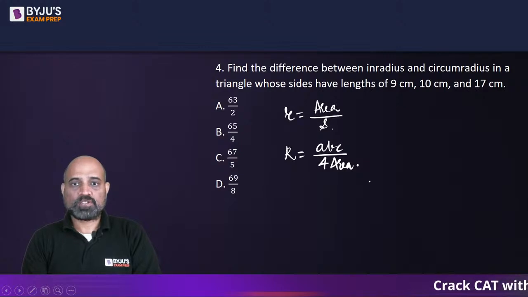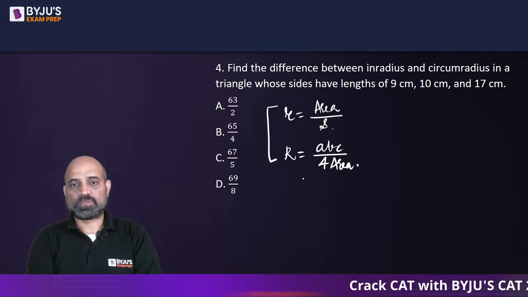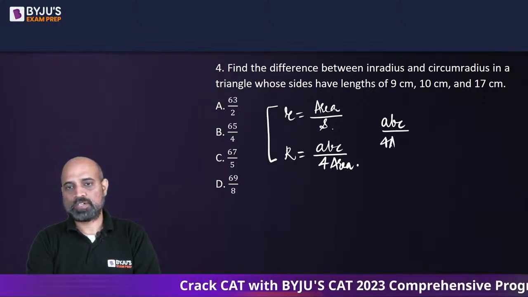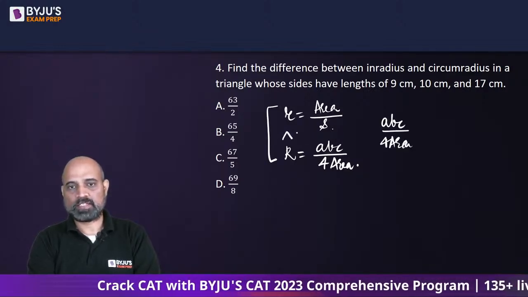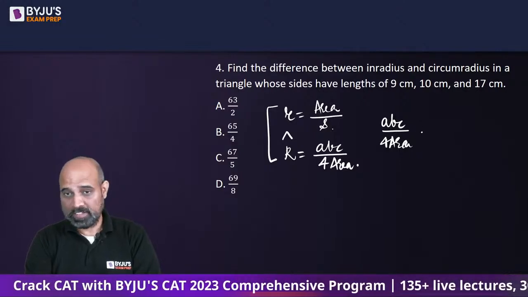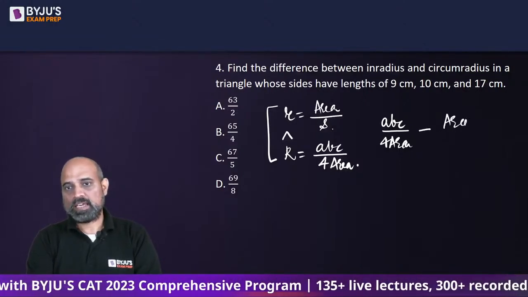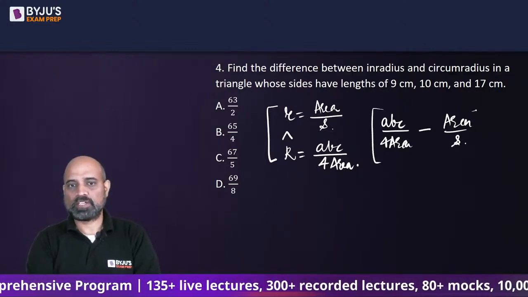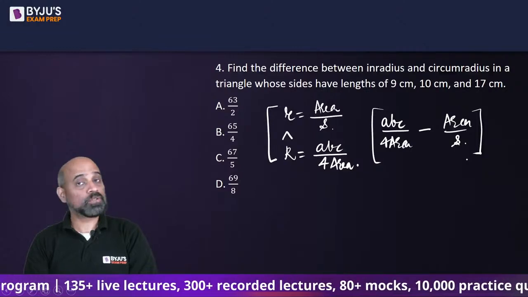Now, since we are asked to find the difference between these two, we will have to do ABC by 4 times area, because obviously capital R is greater than small r, minus area upon S, which is going to be calculative. So it all comes down to, would you like to solve this or not?